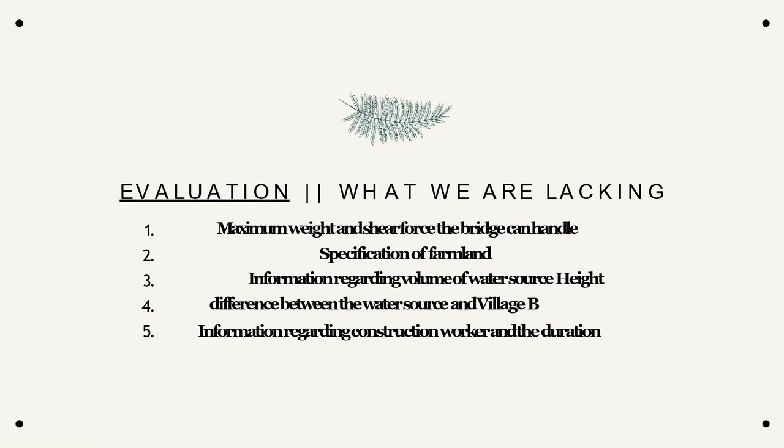And finally, the difference between the water source in village B, so we can find the consistency of the water source and how much we can supply to village B. Information regarding the construction and worker durations has been displayed in previous slides.